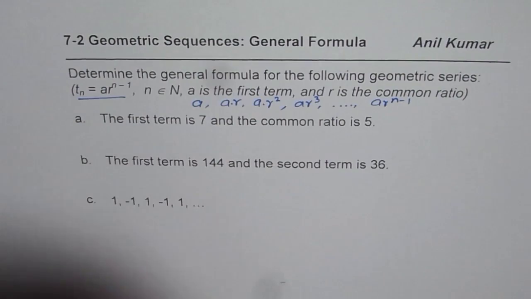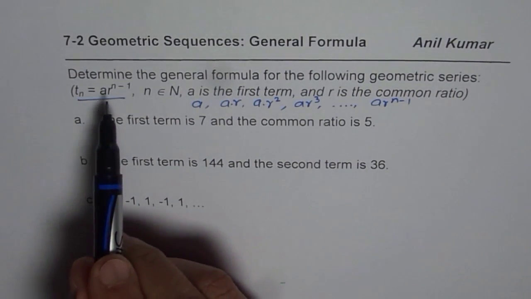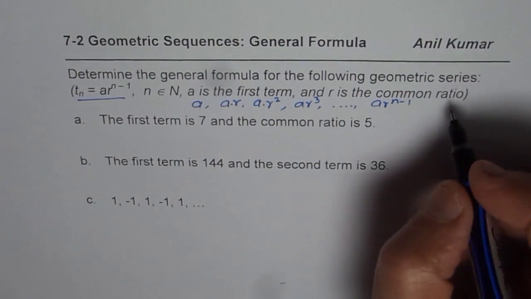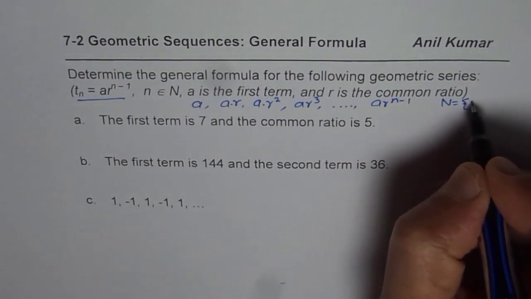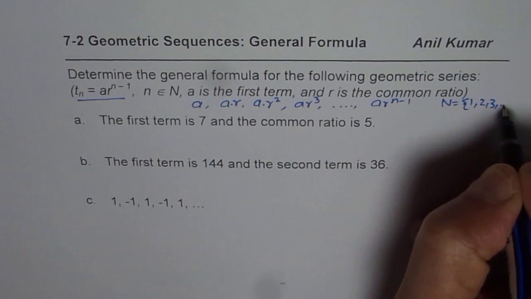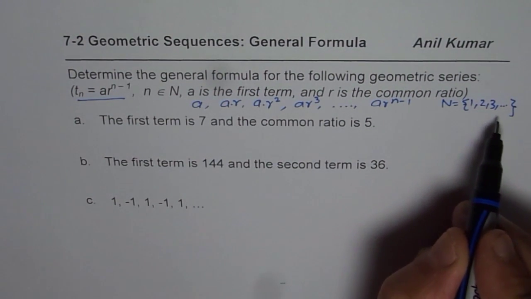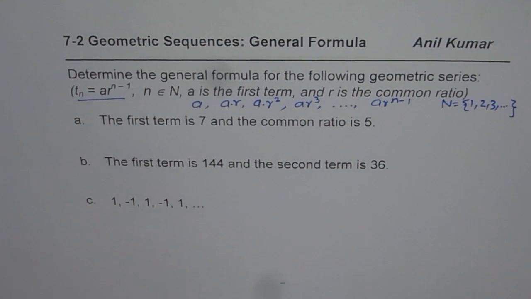That is what we mean here, where n is a natural number. Natural numbers are numbers which start with 1, like 1, 2, 3, 4. These are natural numbers. 0 is not included. Remember that part.